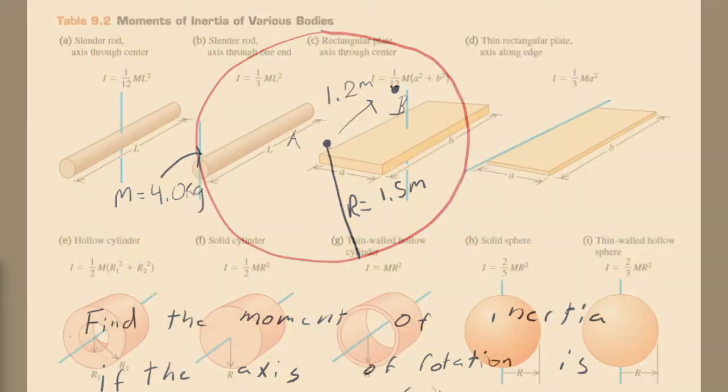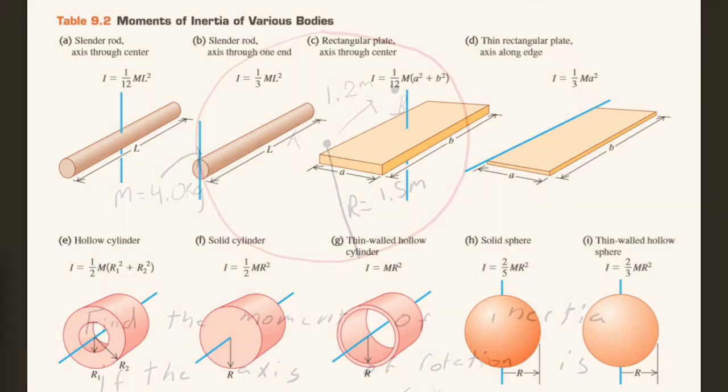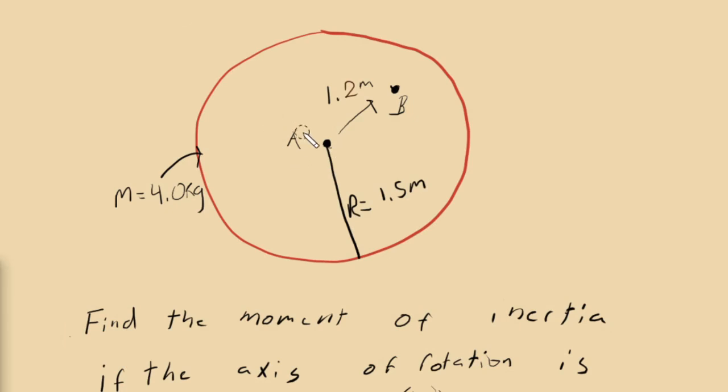So looking at the moment of inertia table once again, letter F, the cylinder is what we're going to assume this thing's shaped like that we're working with. We're given the moment of inertia 1/2 m r squared. But as you can see, that axis of rotation is through the center, which I have represented as letter A.